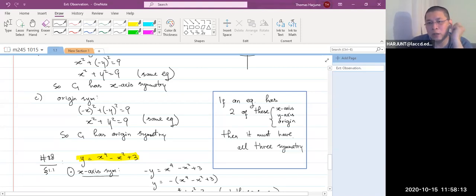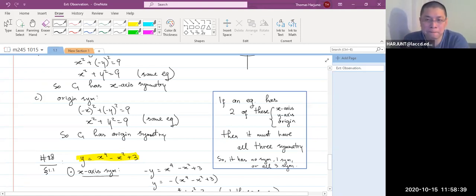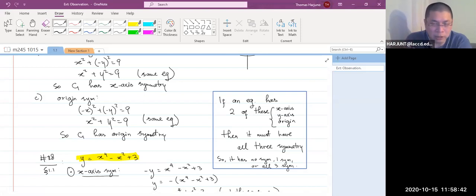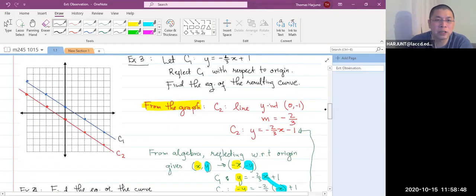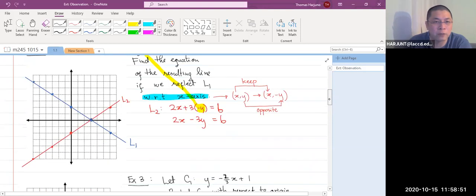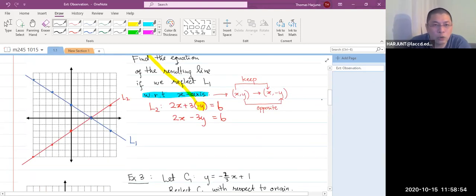In other words, either it has no symmetry at all, none of these three, or one of these three, or all three. It's impossible that it has only two. It's possible that it has no symmetry at all. For example, the lines up here, L1 or L2, and also C1 or C2, have no symmetry at all.